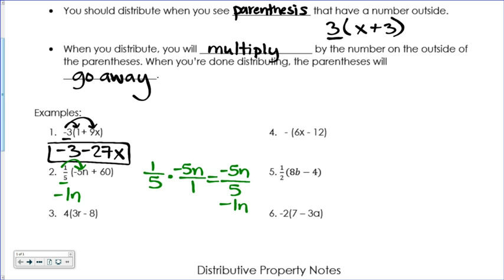Then I'm going to distribute my 1/5 to 60. Again, make it look like a fraction and multiply. So I have 1/5 multiplied by a +60, make 60 look like a fraction, and multiply straight across. 1 times 60 is 60, 5 times 1 is 5, and 60 divided by 5 is 12.